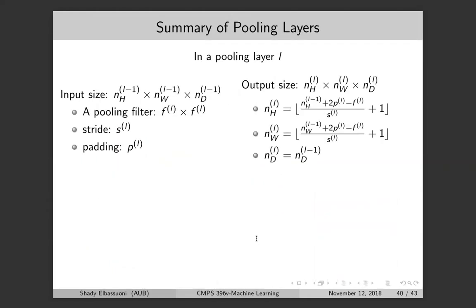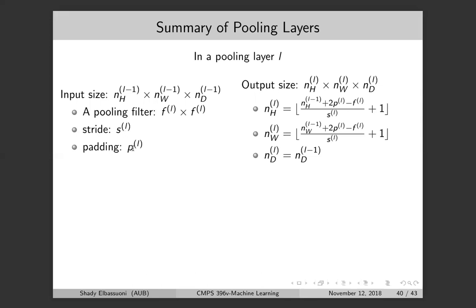So let's see a summary of the pooling layers. The input size in a layer L is going to be the height from the previous layer, the width from the previous layer, and the depth from the previous layer. The output size is the current height, the current width, and the current depth. Let's say I'm using a pooling filter of size FL by FL. Here there is no depth because I'm doing it per activation map.